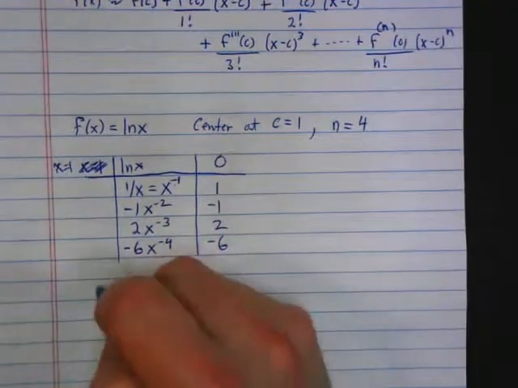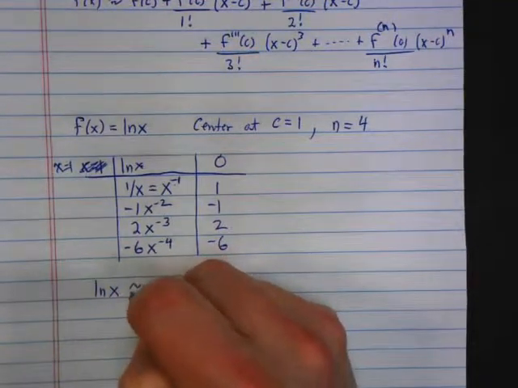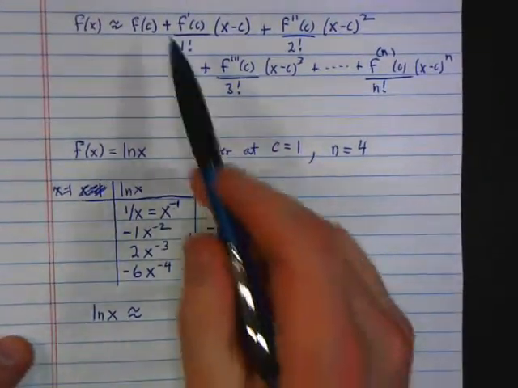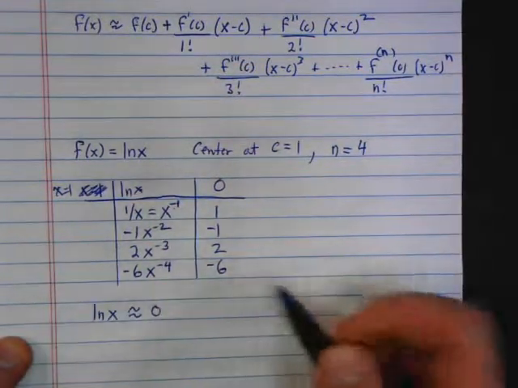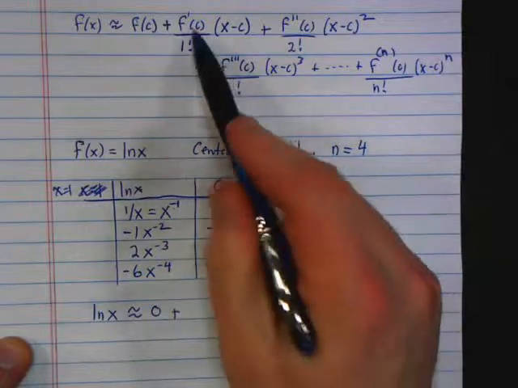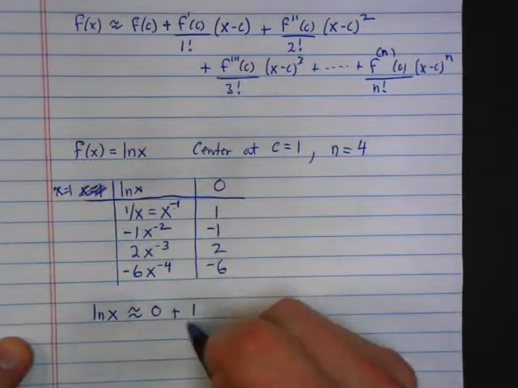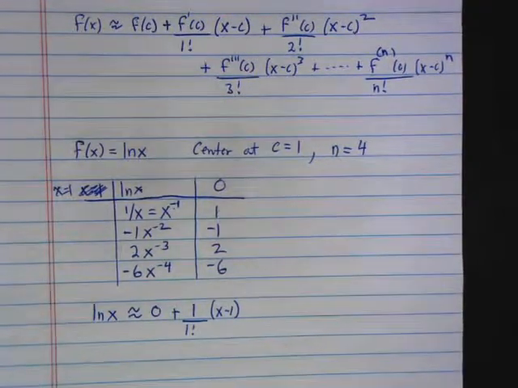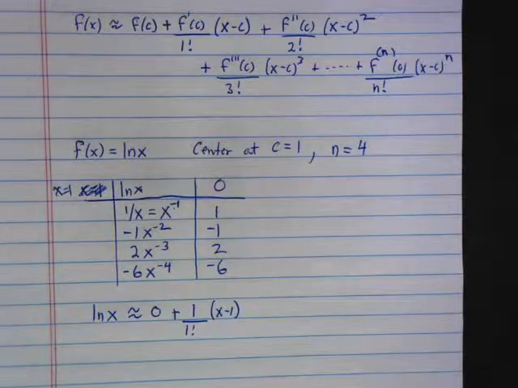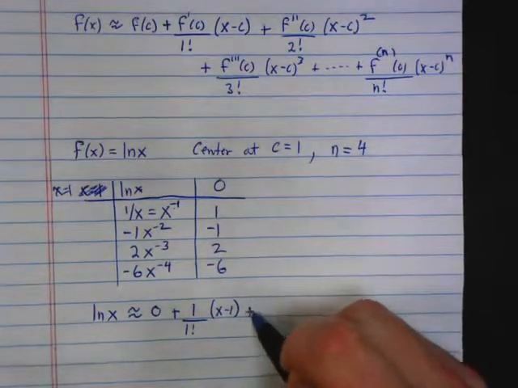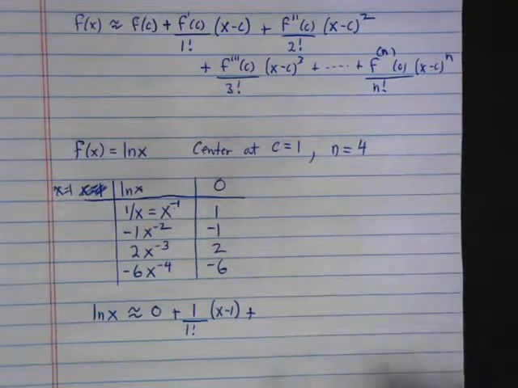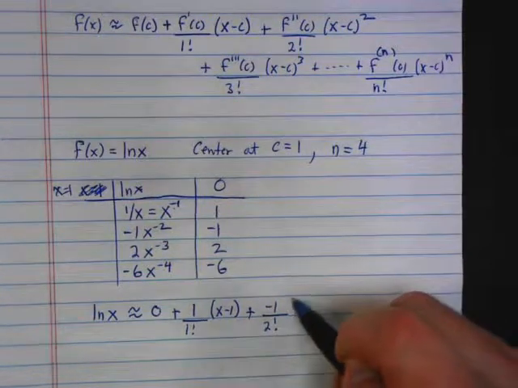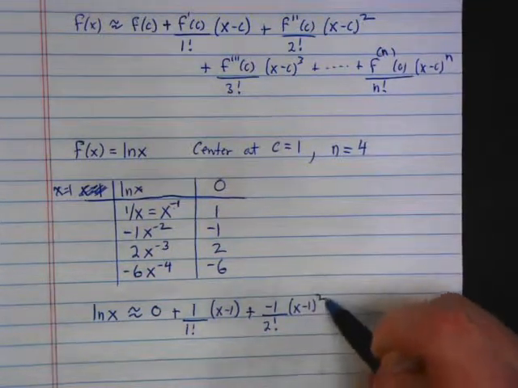Okay, so our answer is ln of x is approximately f at c, which was 0, plus f prime at c. F prime at c was the number 1 divided by 1 factorial times x minus 1. Plus our second derivative was negative 1 divided by 2 factorial times x minus 1 squared.